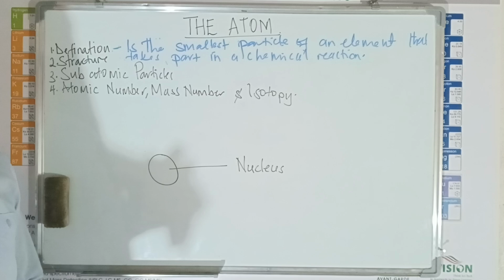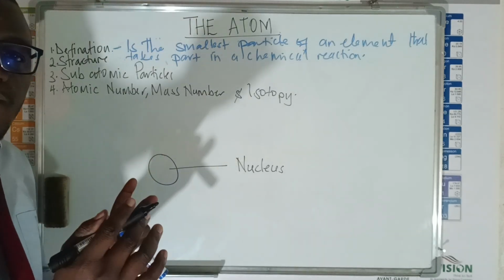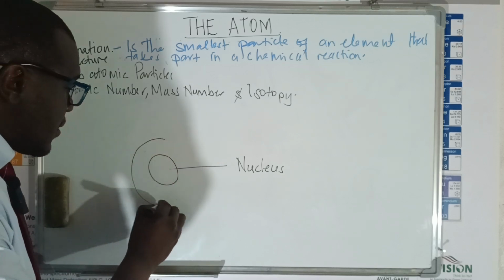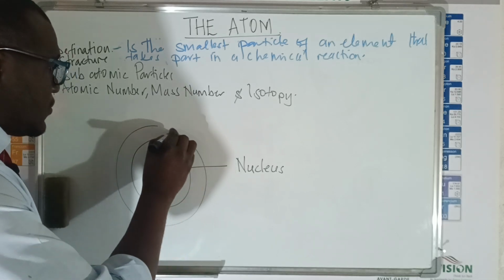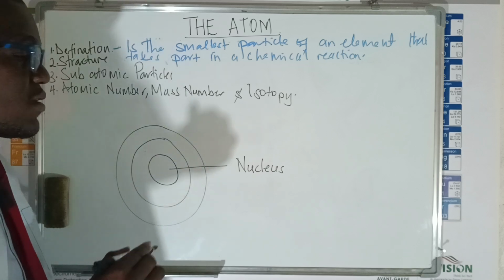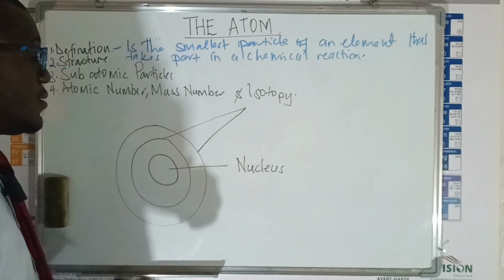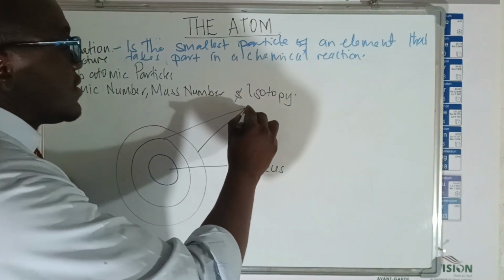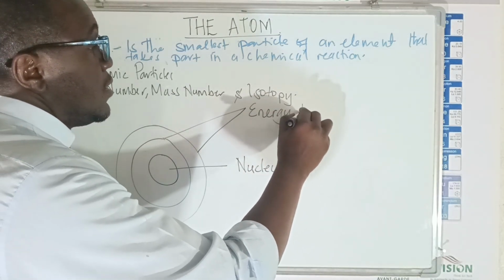Now, the nucleus is the center of the atom. That nucleus is surrounded by what we call energy levels. So this is the nucleus, which is the center of the atom. Then the nucleus is surrounded by rings known as energy levels.